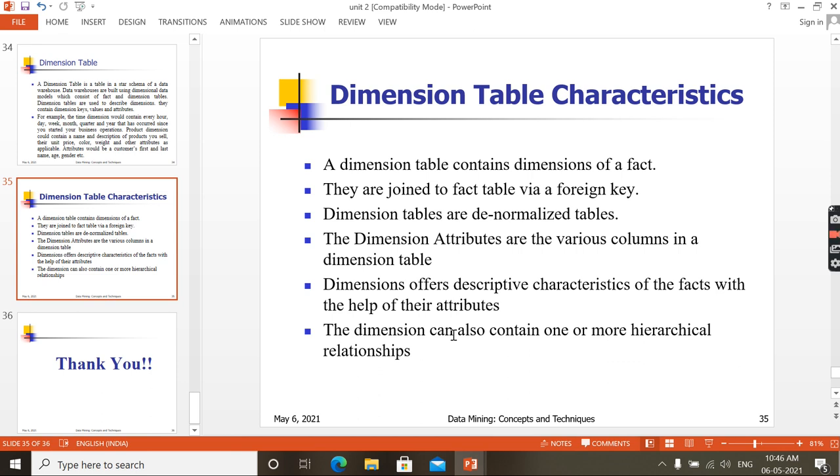From the first dimension to the fact table, that is one level. Level by level we are connecting to the fact table. So from the second dimension table to the first dimension table, and from the first dimension table to the central fact table. So this is dimensional hierarchy. These are the properties, the characteristics of the dimension table.